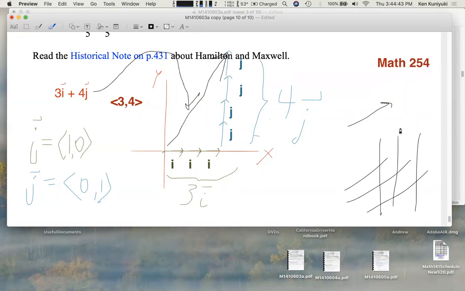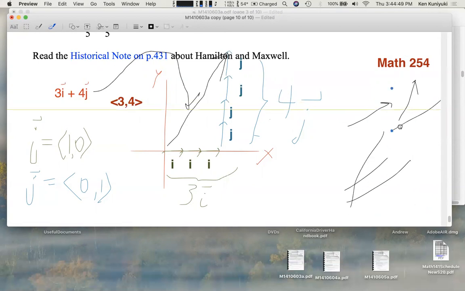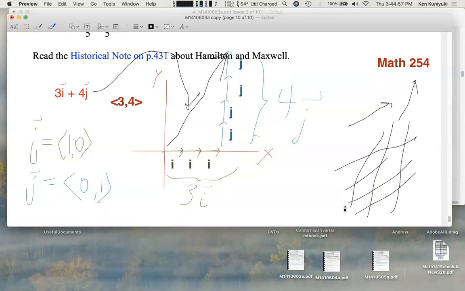So we get a coordinate grid that looks like this. Let's say the origin is here. How do we get from this point to this point using these as grid lines? How many of these vectors plus how many of these vectors am I going to need? That's the kind of question you ask in Math 254. You're basically re-coordinatizing the plane.